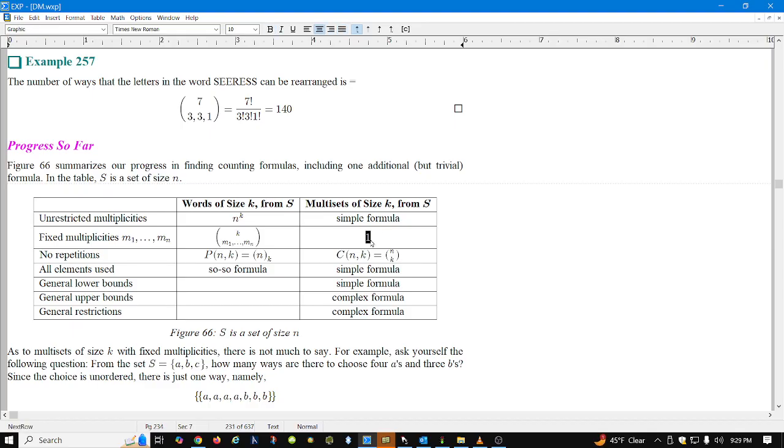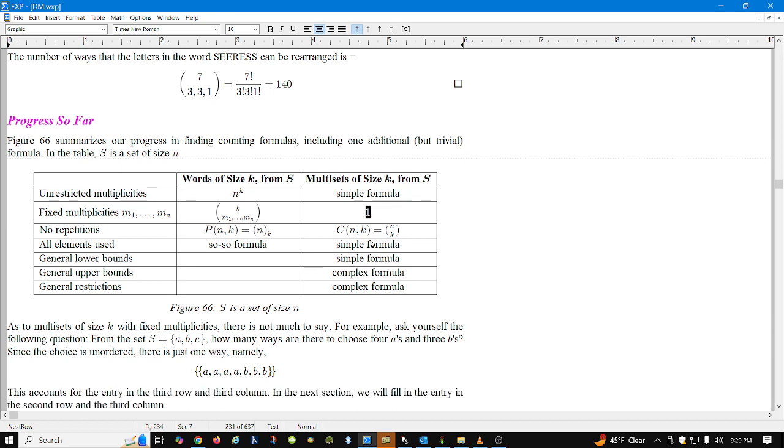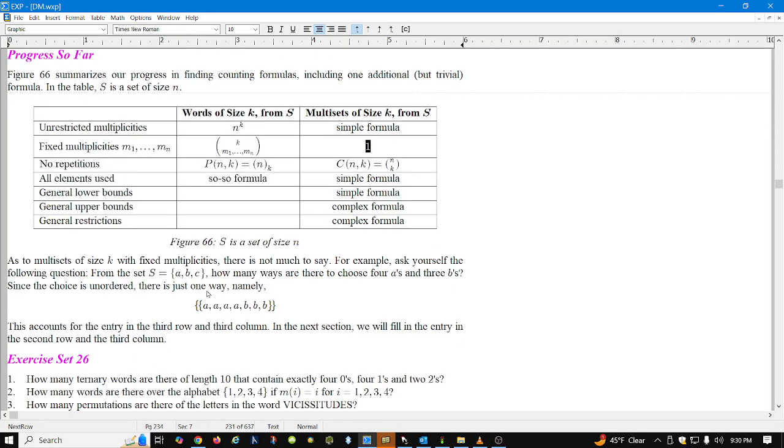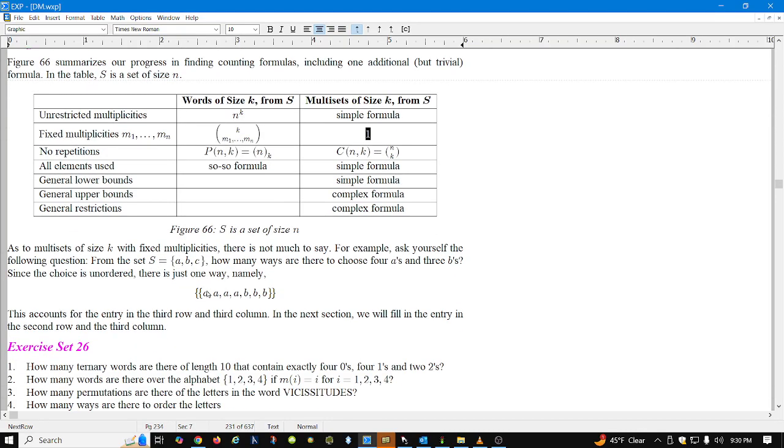This entry here is quite easily explained. These would be multisets of size k from S with fixed multiplicities. Now, it would be useful for you, I think, at this point to stop the video and see if you can convince yourself why that number is 1. But all you really have to do is ask yourself the following question.